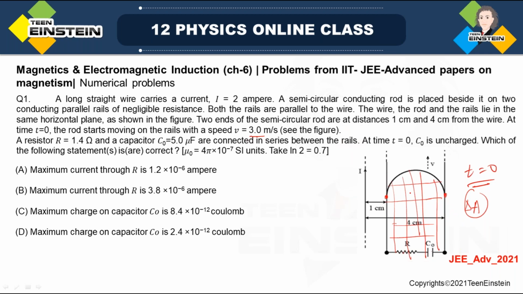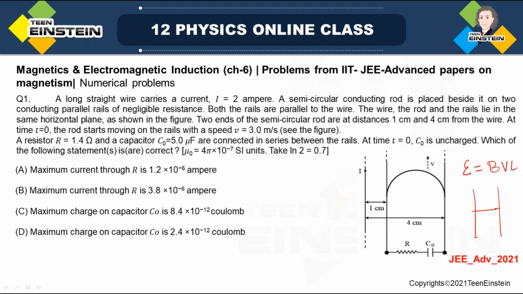This is called motional EMF, and motional EMF is generally calculated with the formula BVL, where V is the velocity and L is the length of the rod. So suppose this is a rod of length L, and it is moving with velocity V, and a magnetic field is there inside. So BVL is the formula.